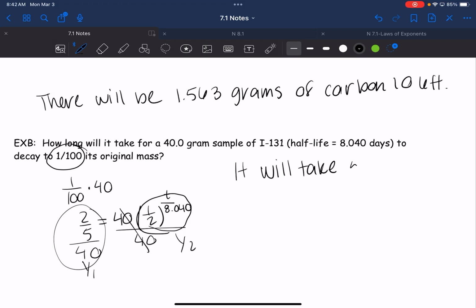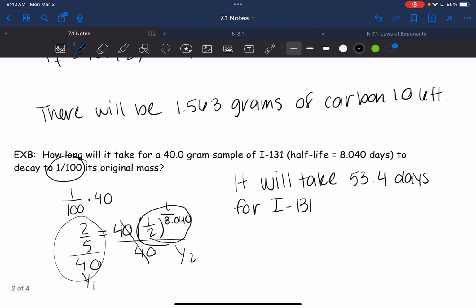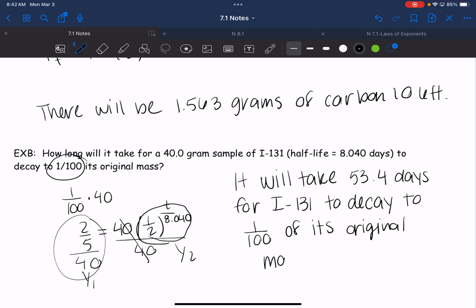Right, 53.4, whatever it would be, days for I-131 to decay to 1/100th of its original mass. Nice.